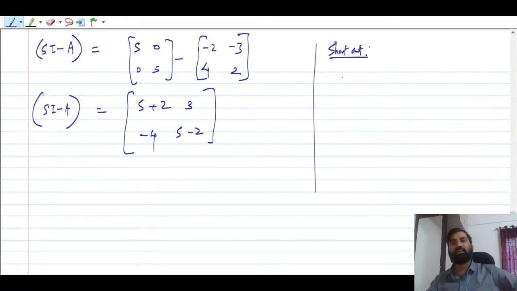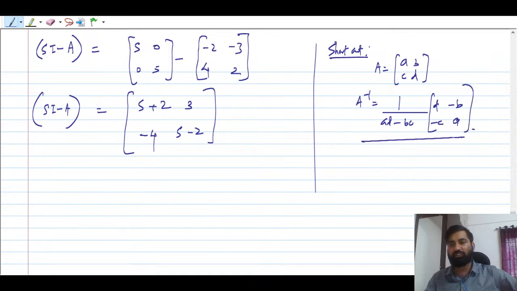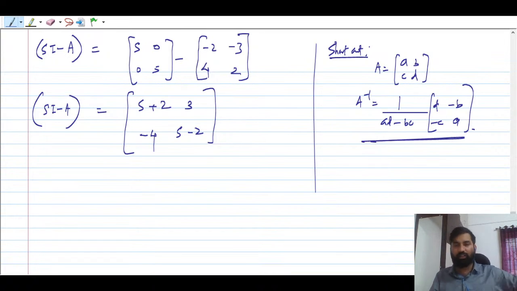Suppose you have a matrix A, B, C, D, and you want to find its inverse. You find the determinant, which is AD minus BC, and then you interchange A and D, writing D here and A there, and change the sign of B and C, minus B and minus C. This is what you can get directly.